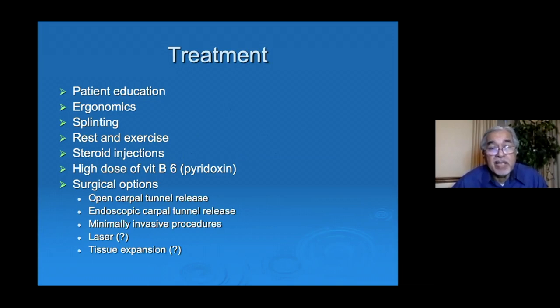Treatment basically is patient education and ergonomics, namely how the patient positions the wrist during work or using the computer, etc. Splinting is beneficial, at least for a short period of time. Rest and exercise are important at some point.